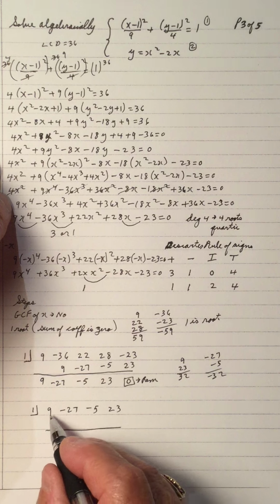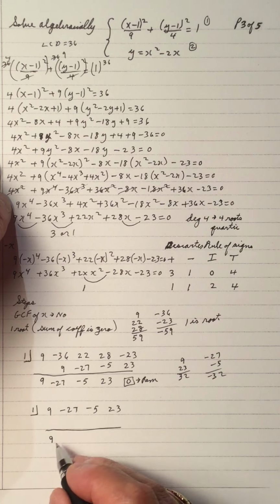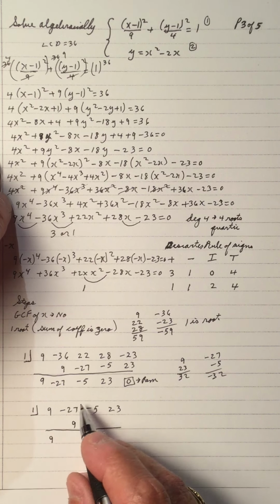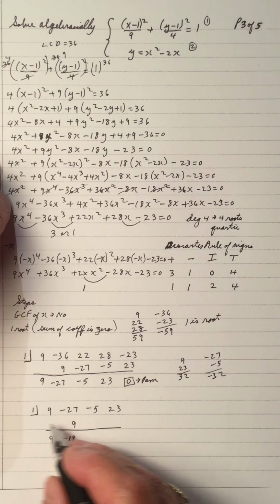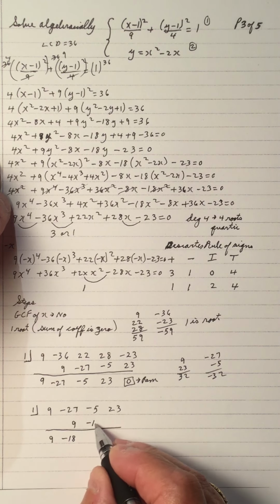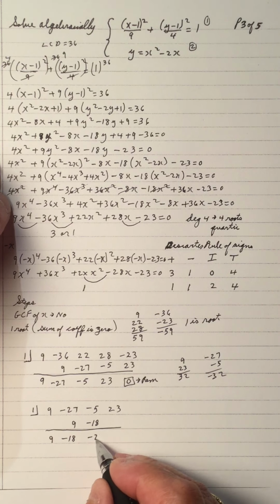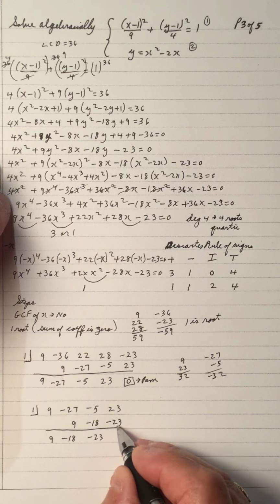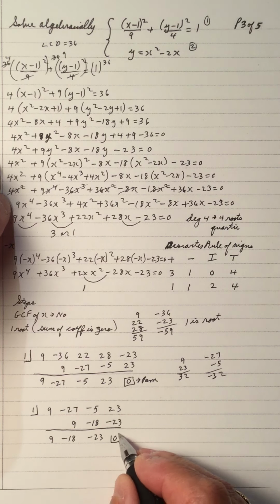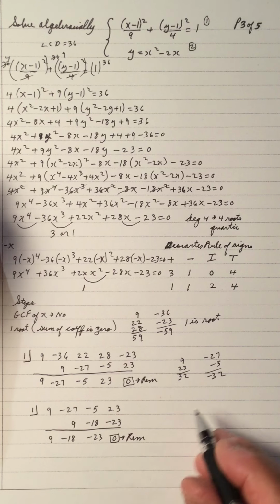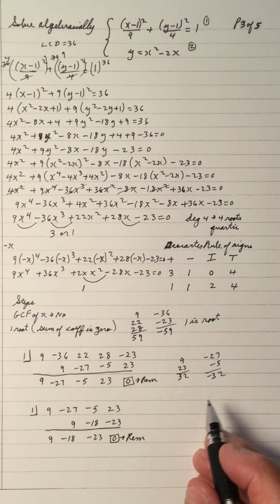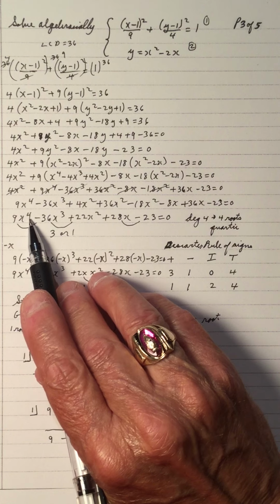Draw a line, bring down your 9. 1 times 9 is 9, add, and I get negative 18. Multiply 1 by negative 18, negative 18, add, negative 23. 1 times negative 23 is negative 23, add, I get a 0. And I have a remainder of 0, which means that 1 is a root. So notice, this equation was the 4th power.